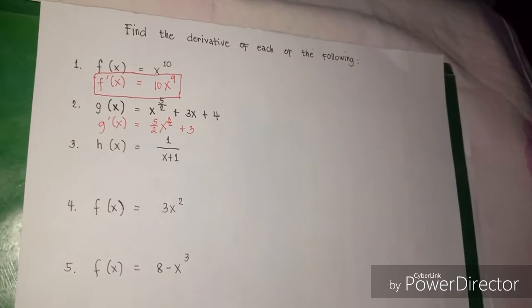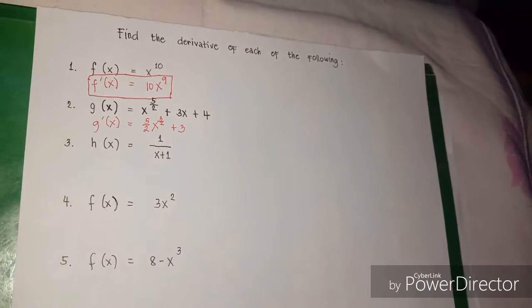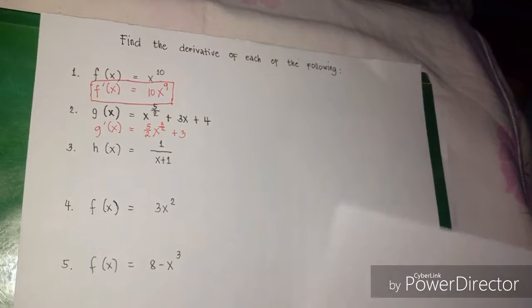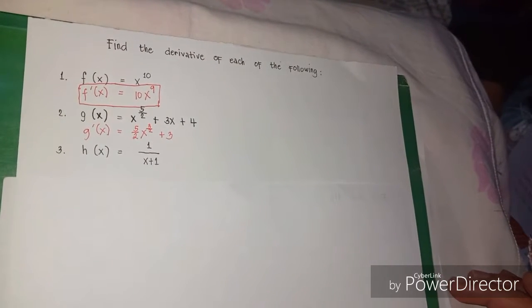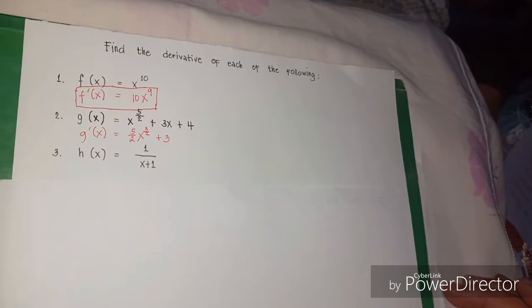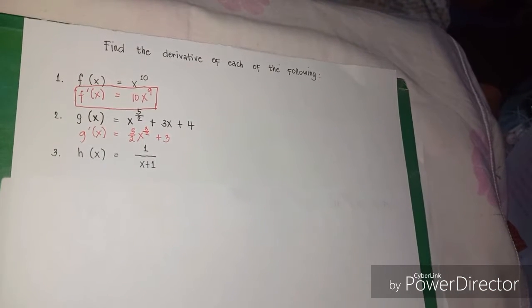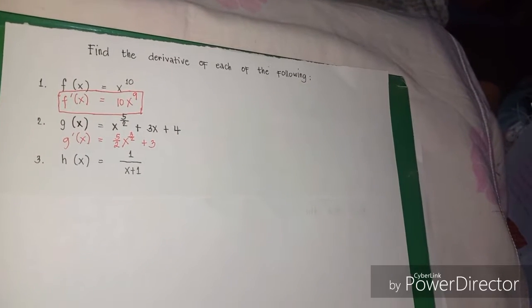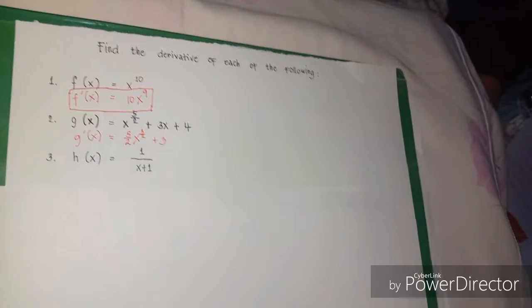In this example, you can use the quotient rule, that is the derivative of the numerator times the denominator minus the derivative of the denominator times the numerator, all over the square of the denominator, or simply low d high minus high d low over the square of the denominator.